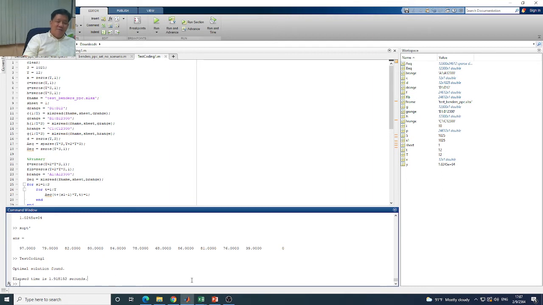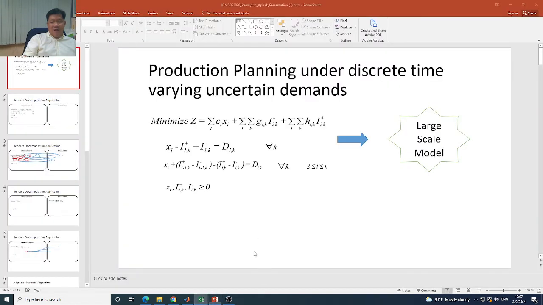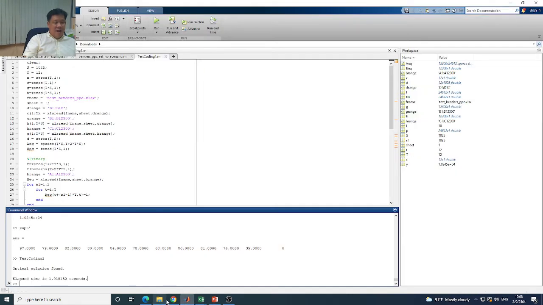That's what I mean: if you don't really have a very large scale problem, if you still have a problem of manageable size, it's going to be faster than using OpenSolver in Excel, because with OpenSolver you need to transform the Excel format data to the OpenSolver format. That is not directly linked like what we did in the Matlab code.